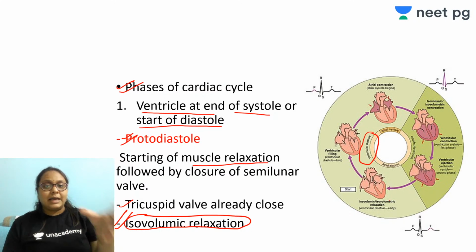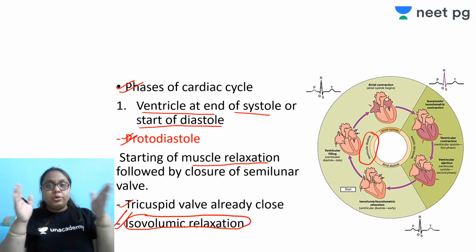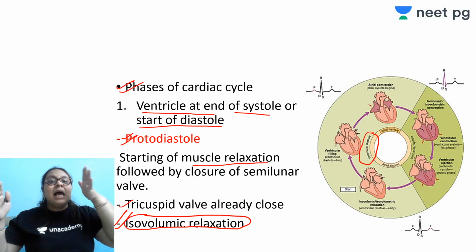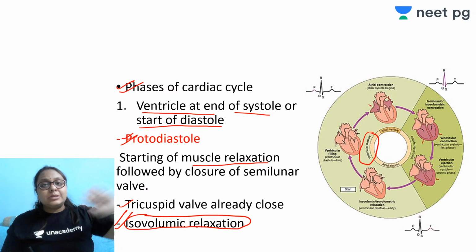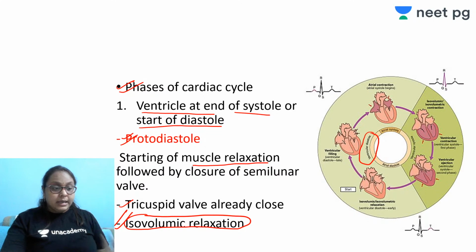ठीक है, ventricular relaxation में सबसे पहले क्या आएगा? Isovolumic relaxation. That means दोनों के दोनों valves, the semilunar valves and the AV valves, they are closed. Ventricle is neither getting any blood nor is the blood going out of the ventricle. ठीक है?